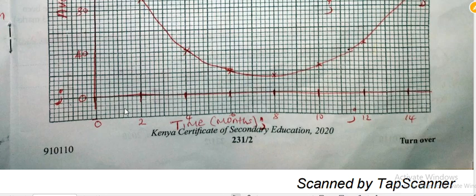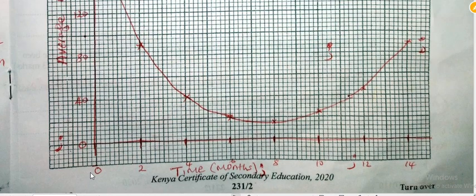It means 5 boxes represent 1 month. Then on the y-axis, you can see we have a scale which shows 10 boxes representing 40 ticks. It means 5 boxes will represent 20 ticks.